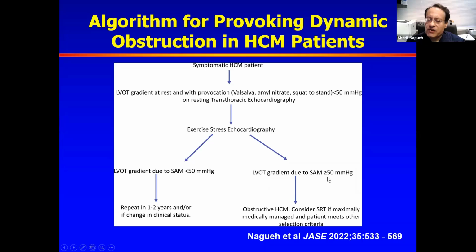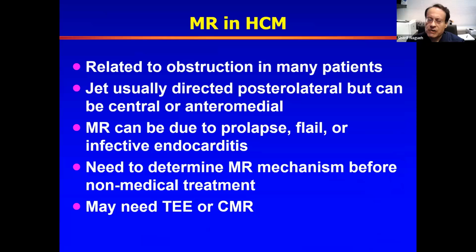If the gradient is 50 or above, then they have obstructive hypertrophic cardiomyopathy. And if the patient has failed medical therapy, then you can entertain septal reduction therapy with them, assuming that they meet other criteria. If it is less, then you can consider repeating the exam in 1 to 2 years, or if the clinical status changes.